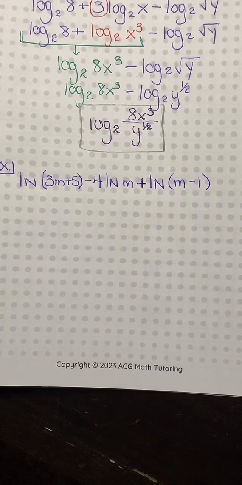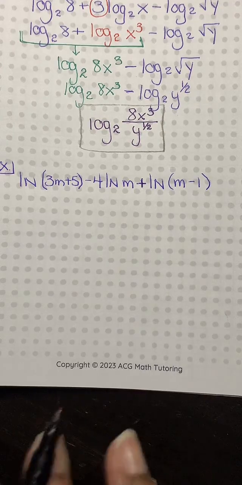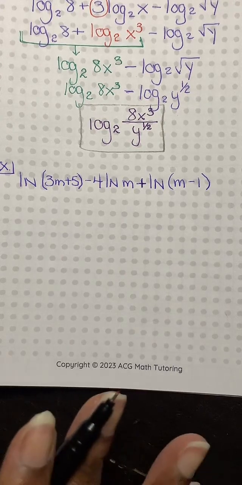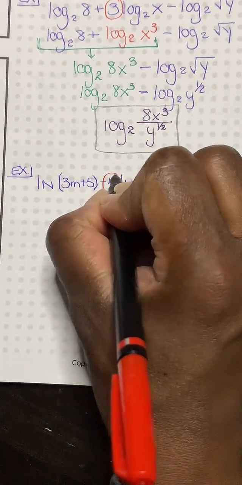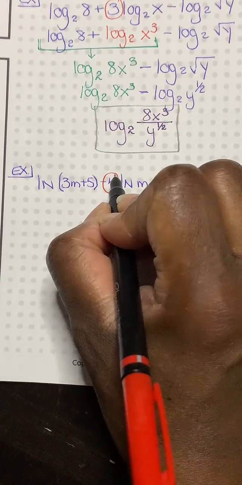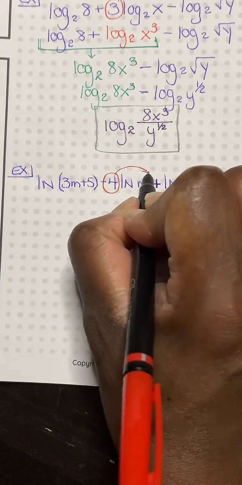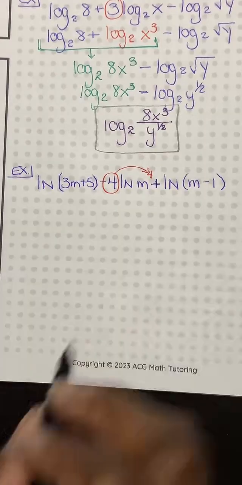Why? All right, so taking a look. First thing, I always ask myself, do I have a coefficient that needs to be an exponent? And here she is, Miss America. So that 4 is now going to be an exponent.